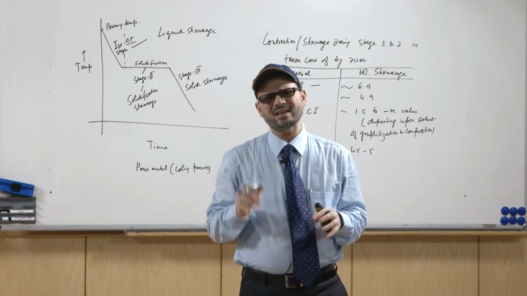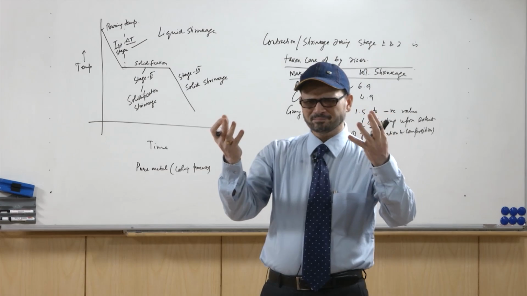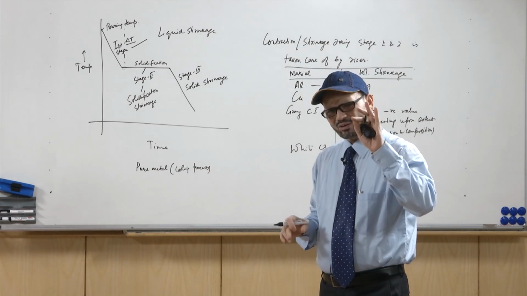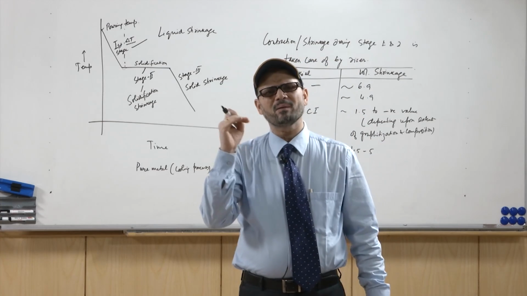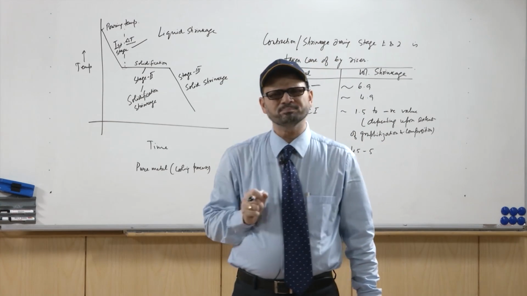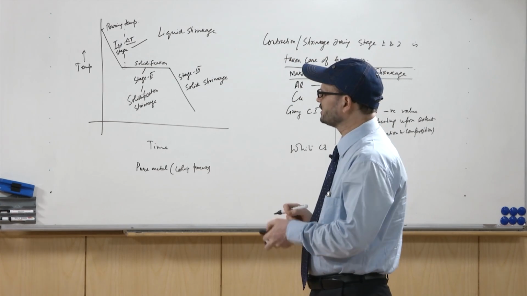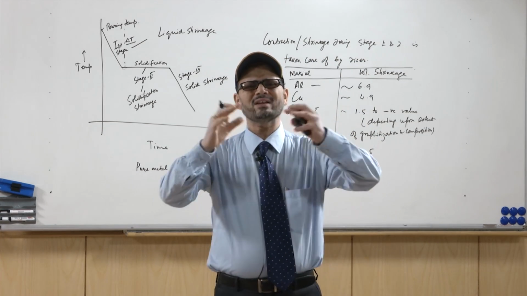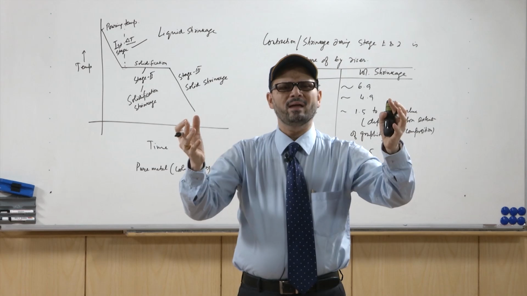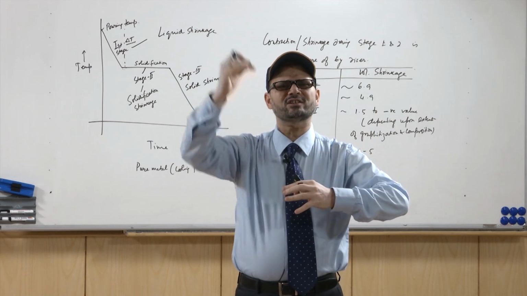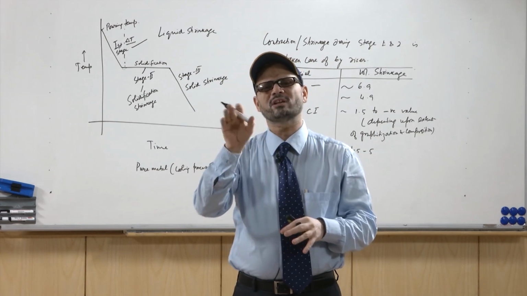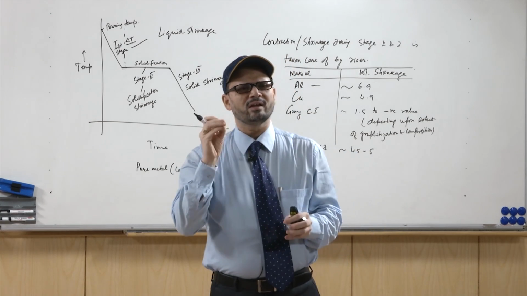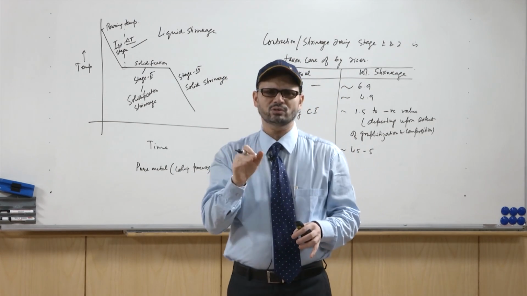The top part of the riser is open to atmosphere, and there are two forces acting on this riser to feed the molten metal to the cavity. One is the atmospheric pressure. Once it is open to atmosphere, there will be atmospheric pressure acting on the liquid metal at the top surface, and because of that pressure it will be in a position to feed the metal towards the casting.